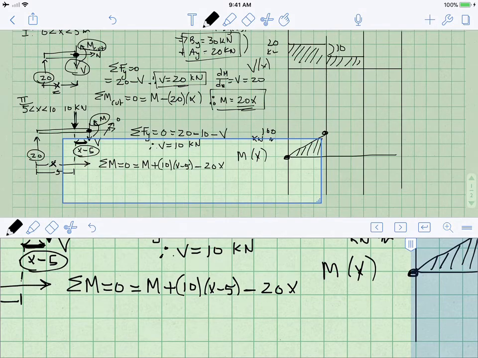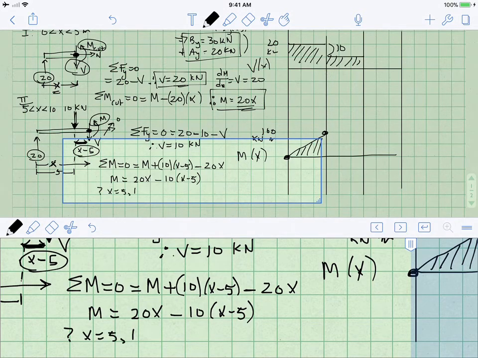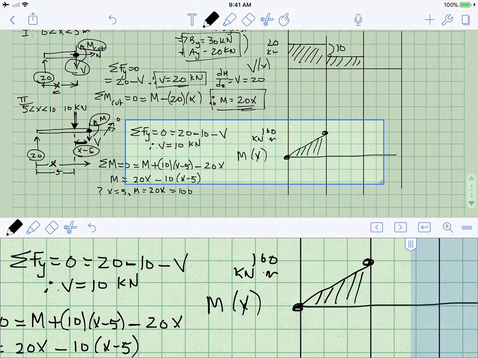Solving for M, M is therefore equal to 20x minus 10 times x minus 5. So let's ask ourselves, at x equals 5, what is M? Well, M will equal 20x, at x equals 5, which is equal to 100, which is good. That's what we had before.